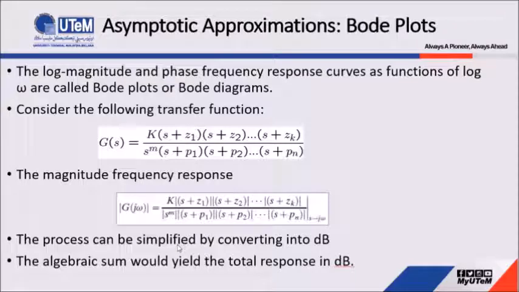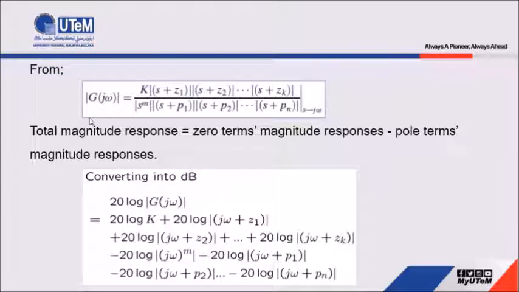The process can be simplified by converting into dB. That means we just change this into decibel, and the algebraic sum would yield the total response in dB. How can we do that? From these equations, the total magnitude response is equal to the zero terms magnitude minus the pole terms magnitude.